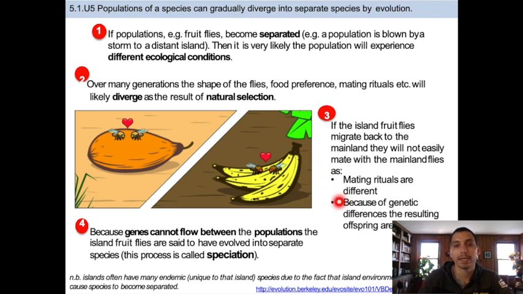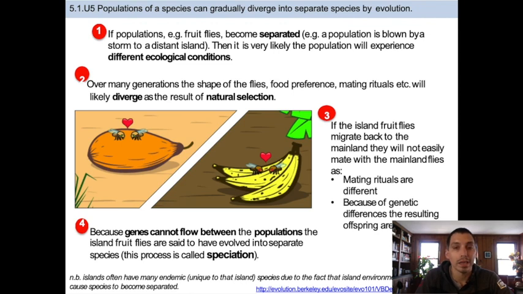If the fruit flies that got blown onto the island migrate back to the mainland, they will probably not easily be able to mate with those mainland flies, because over this time they've developed different mating rituals and they have genetic differences because of natural selection and because of just natural variation. It's very unlikely that those two populations would have the same genetic changes over that time.